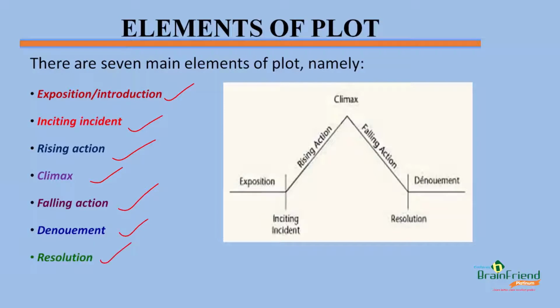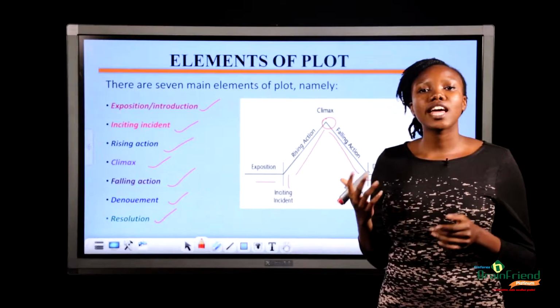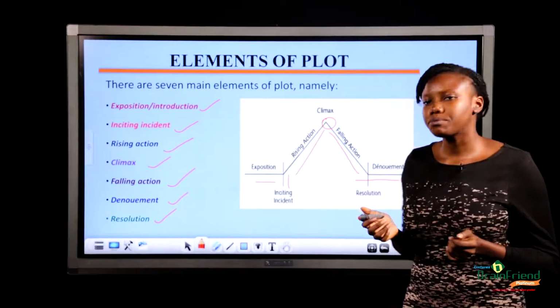From this diagram, we can see the progression of the story, from the introduction to the inciting incident and straight to the climax, which is the peak of the plot, and then the falling action, which brings us to the end of a particular play. Now, let's take a look at these elements one by one.